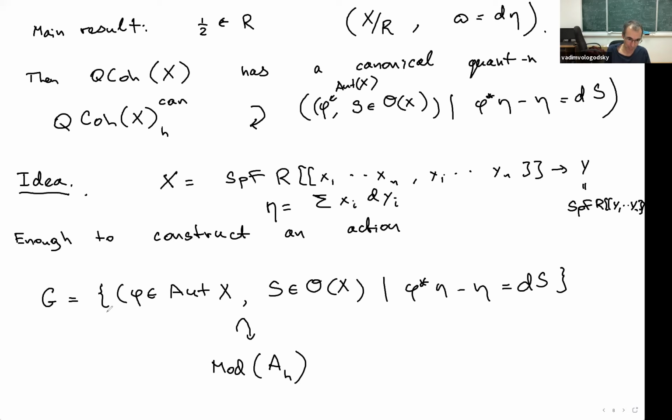But again, the main point here is constructing the action of this group G on this category. So this group G does not act on the algebra itself. It acts only on the category.